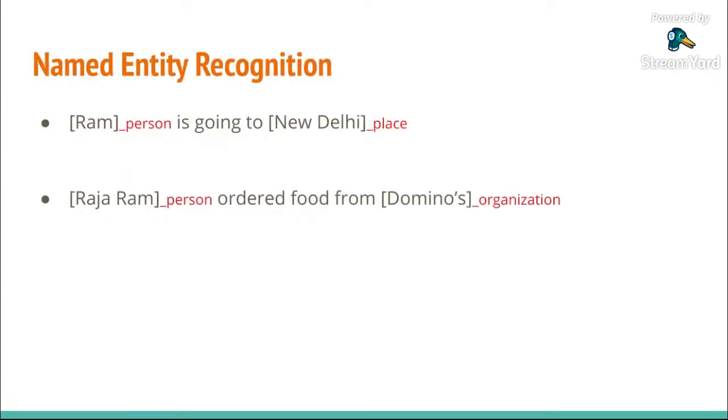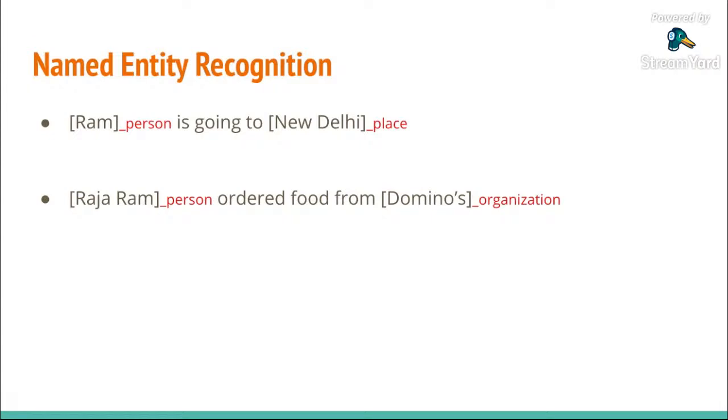Okay. So the next application is named entity recognition. Named entity recognition is nothing but identifying some entities within the sentence. For example, Ram is going to New Delhi. Here, Ram is a person name, New Delhi is a place name. In the second example, Raja Ram ordered food from Domino's.